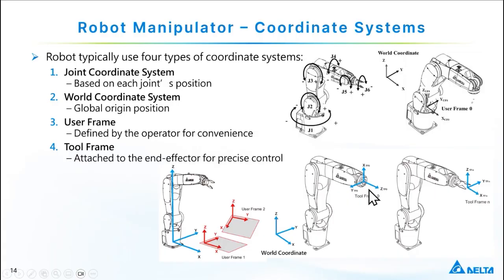For example, by default we have a tool frame 0 at the TCP point here, and if we connect another end effector, we can define a tool frame over here, so we can directly use the tool frame to approach somewhere.